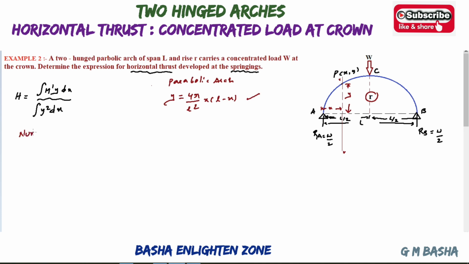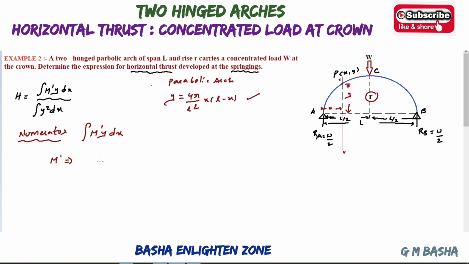First you can find out the numerator part. What is the numerator here? That will be equal to the integral of M dash y dx. First, what is y? y is 4r by L square x into L minus x. Then what about M dash? M dash is the beam moment. Resolve the force up to that particular section: W by 2 into x, force into distance.